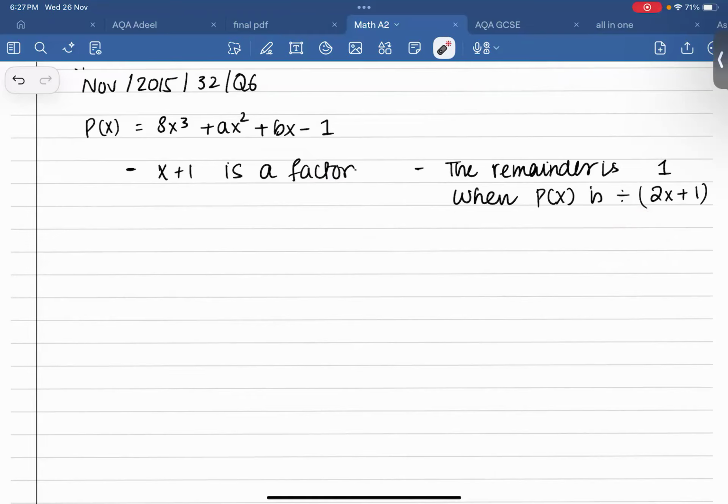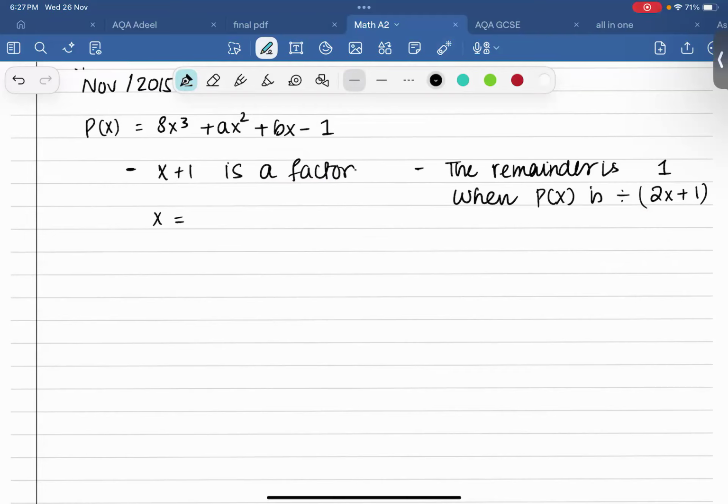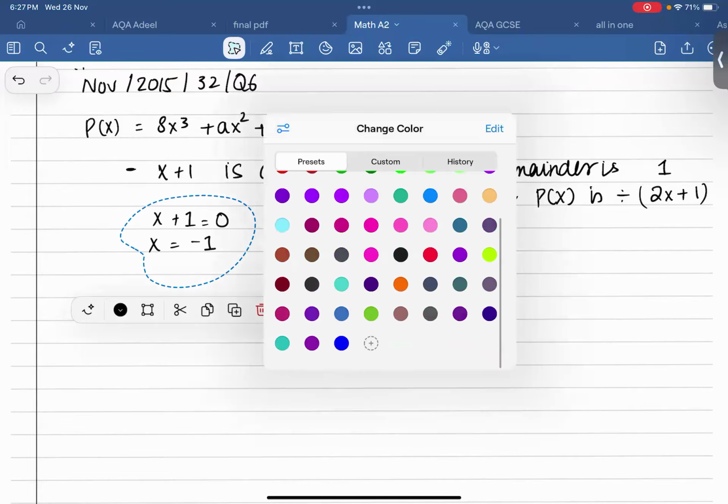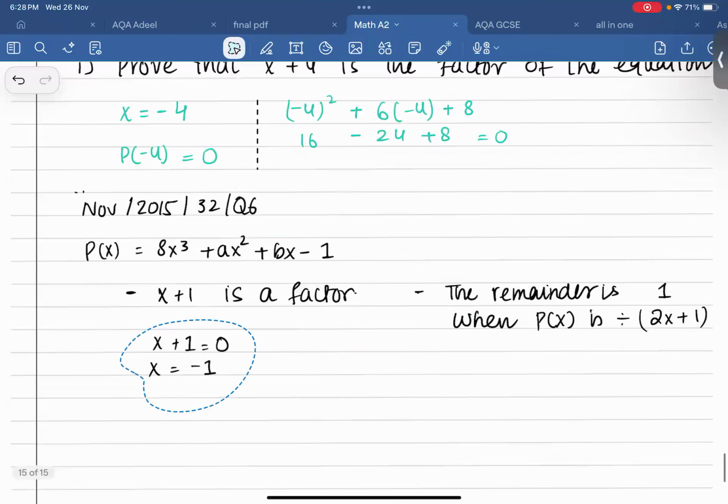If you consider x plus 1 equals 0, and you take x equals negative 1, then when you input x equals negative 1 into the equation, since the question stated that it is a factor of the polynomial, it should give 0 as the answer. So this is the first thing.